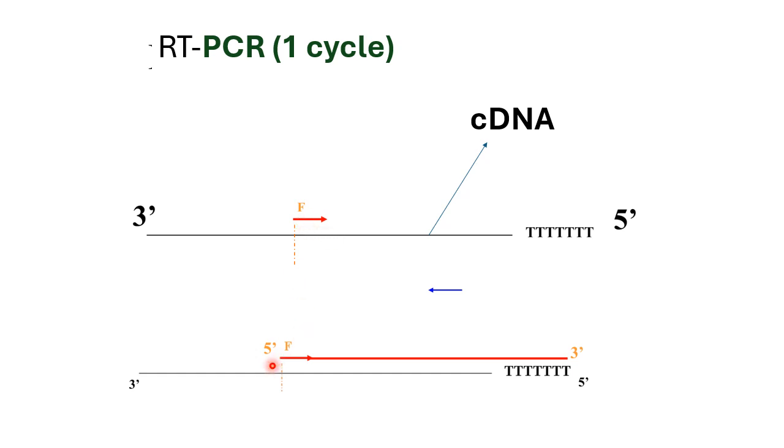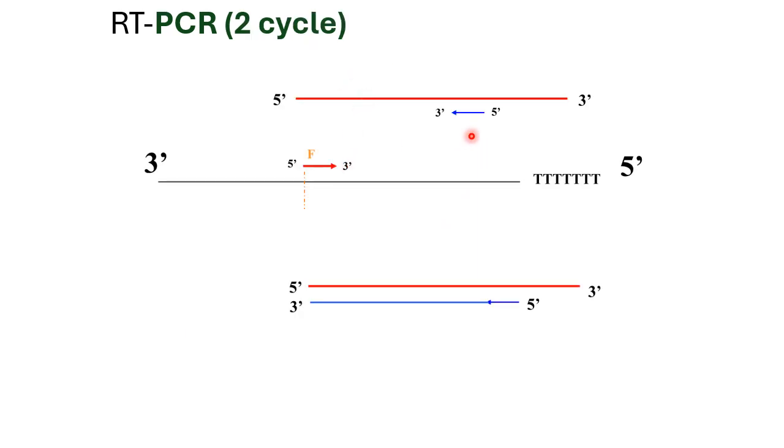And after the first cycle, a new strand based on the forward primer is synthesized. And in the second cycle, we have already the template for the reverse primer, and then amplification looks exactly the same as we discussed during PCR procedure.